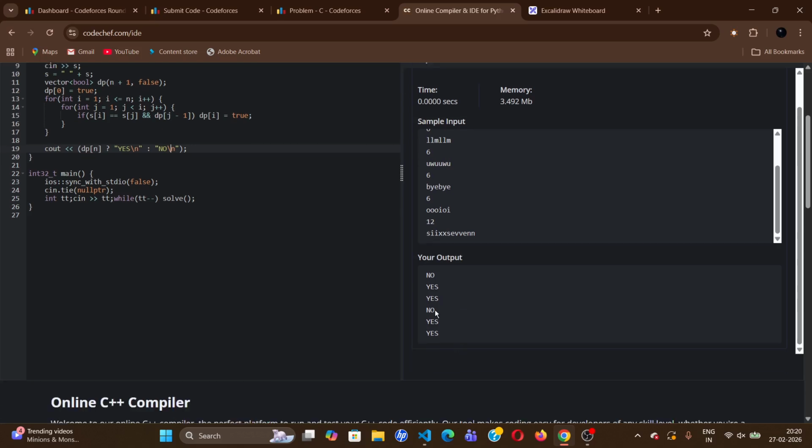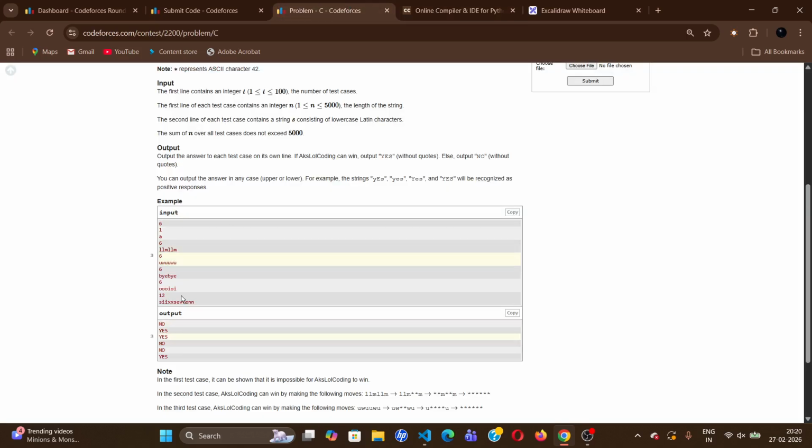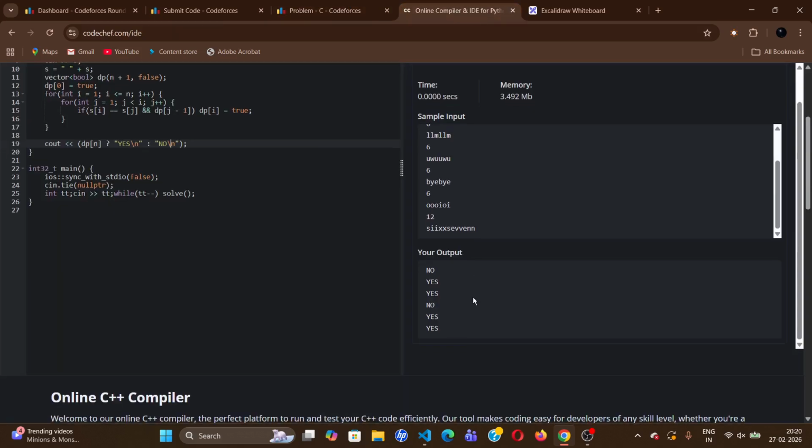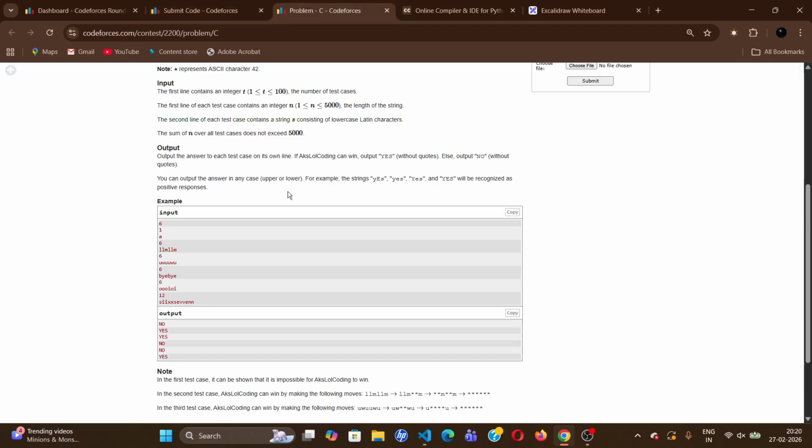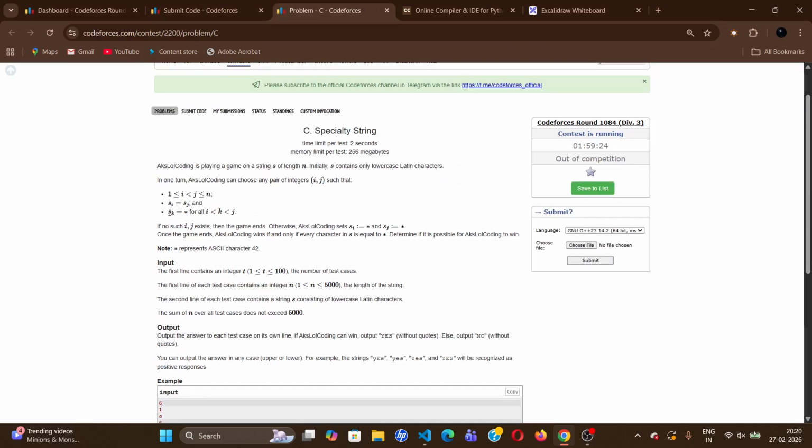No, yes, yes, no, yes, yes. No, yes, yes, no, no, yes. Okay. Okay, this one is no. Okay, I missed one. Every character in between is also that star.